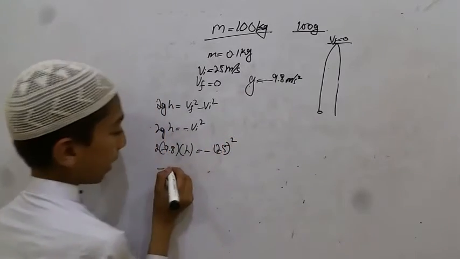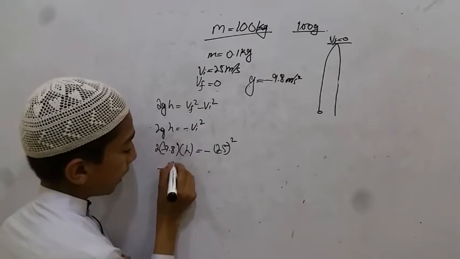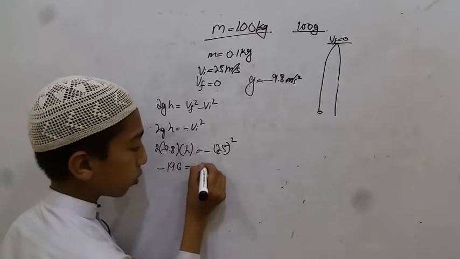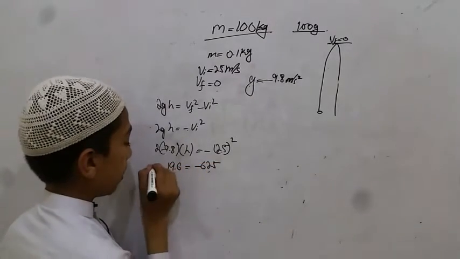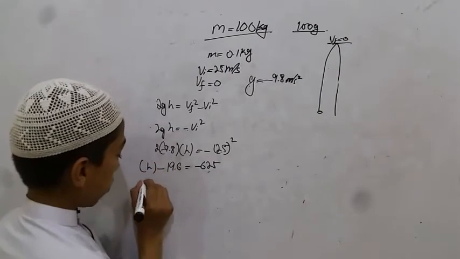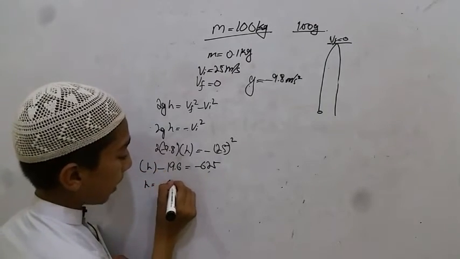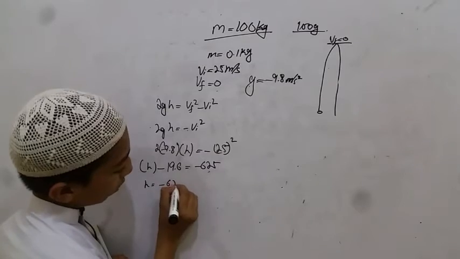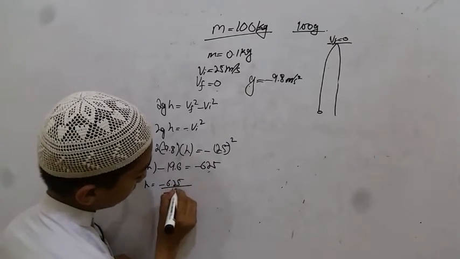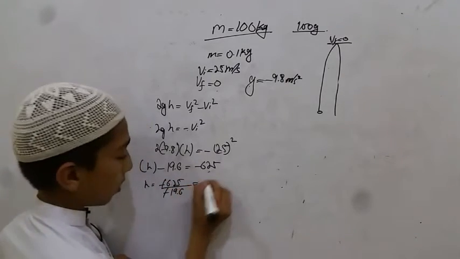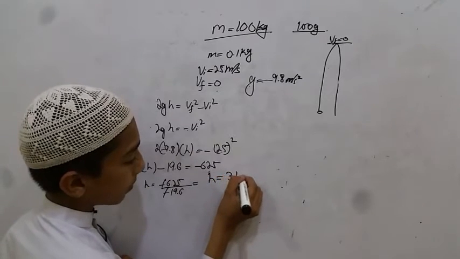So minus 19.6 h is equal to minus 625. So h is equal to minus 625 divided by minus 19.6. So h is equal to 31.2.